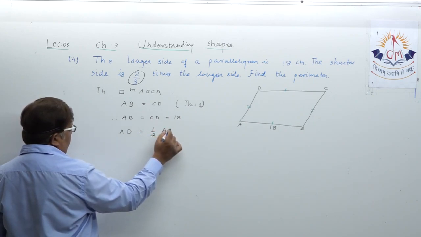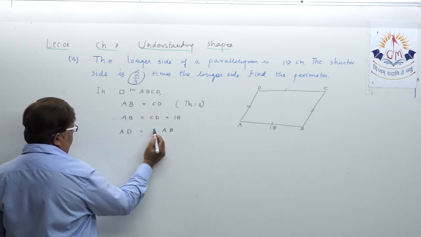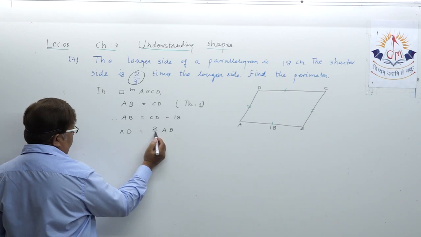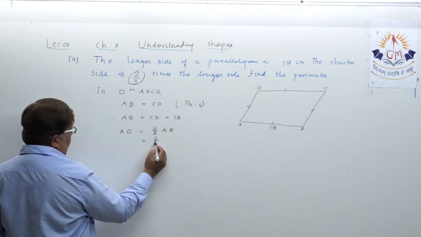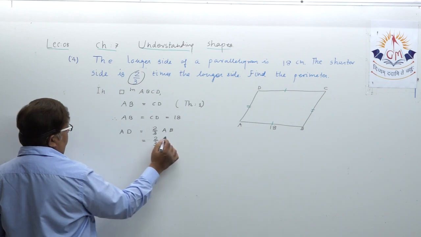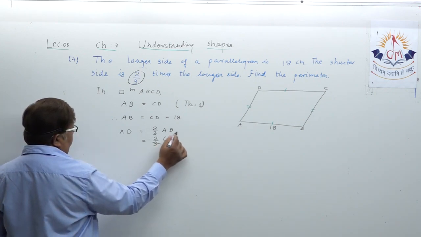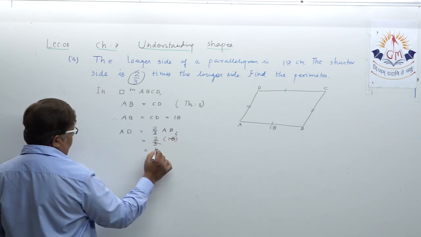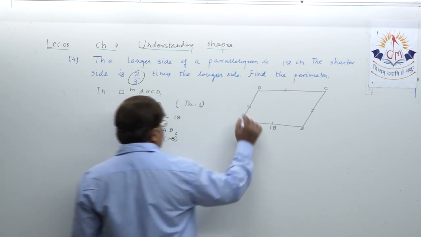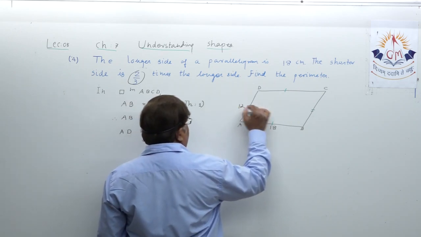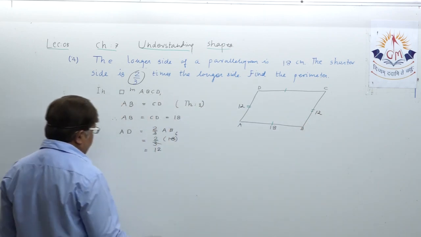Equal to 2 upon 3 times AB, 2 upon 3 into 18, cancel it. This is 12, because you got AB as 12, BC is also 12.